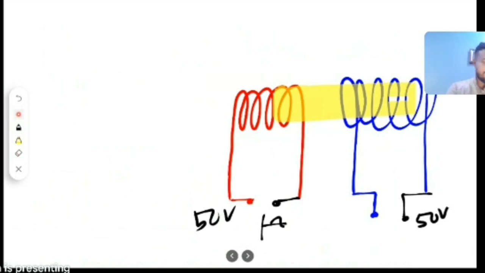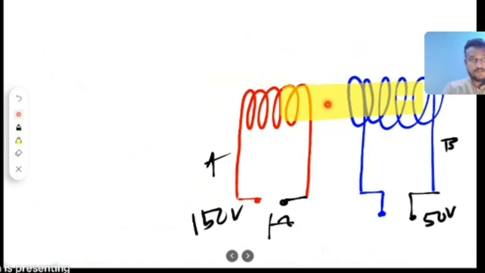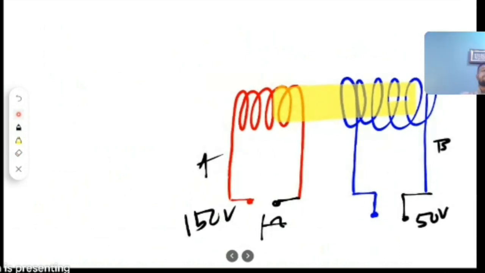No change. Now suppose I suddenly made it 150 volt on one side, coil A, coil B. On the A side I have made the voltage 150. What change will happen?